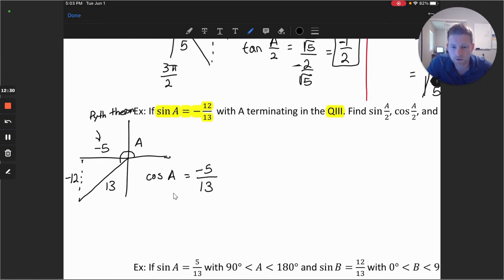Now I'm actually ready to work. We do want to figure out, though, what quadrant our A over 2 angle is. If I consider A, I'll just do this one in degrees. Since we're in the third quadrant, this is 270, and this is 180.